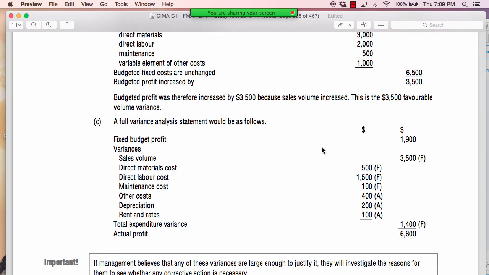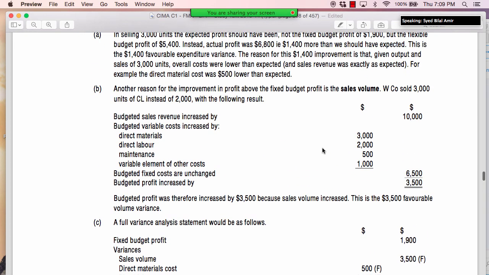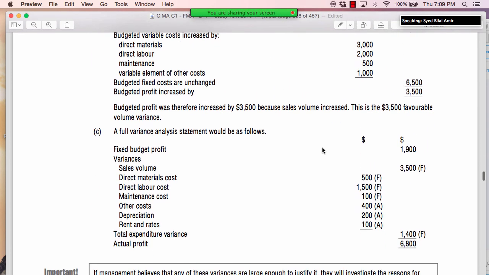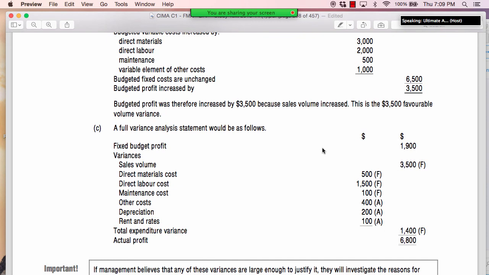You're saying fixed budgeted profit is 1,500, so profit is 1,900. And how did you go about it? What are the variances? They have given this analysis to say how did you arrive at that.